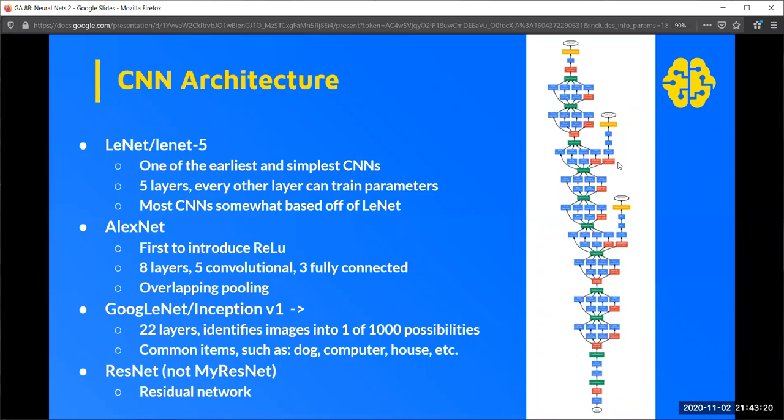It's already a built model, and it's not just an architecture. You could train a LeNet model to do something, or you can train an AlexNet to do something.